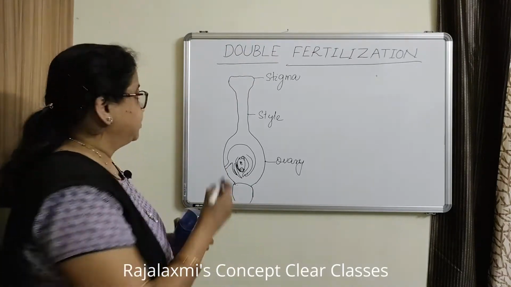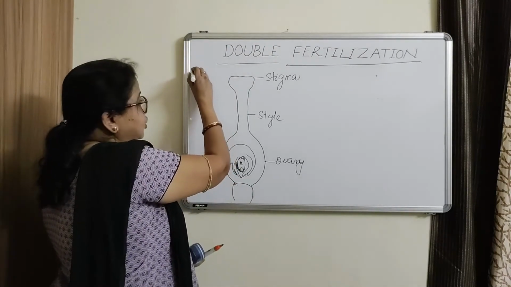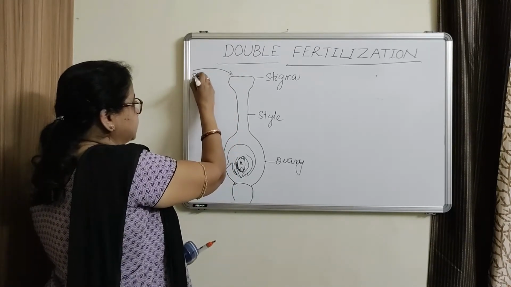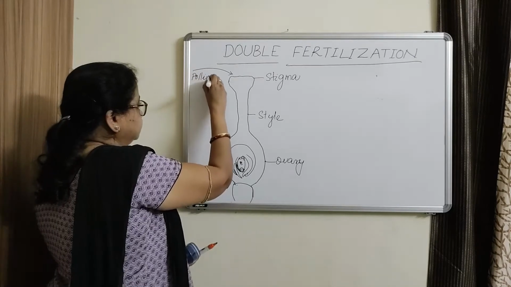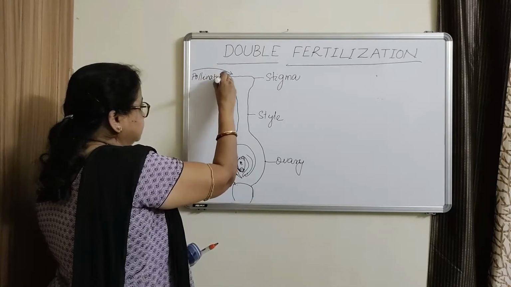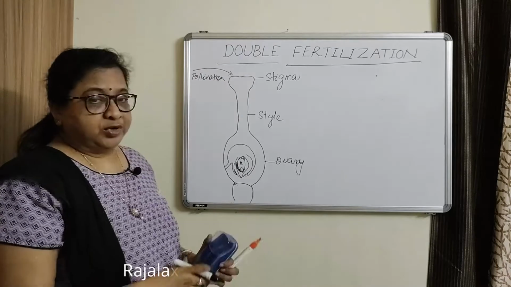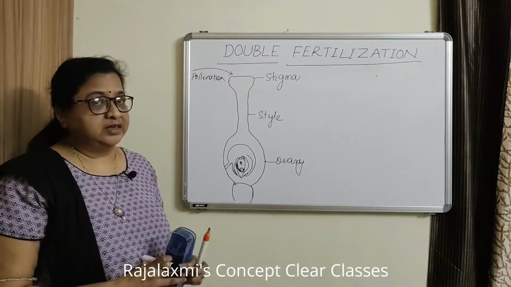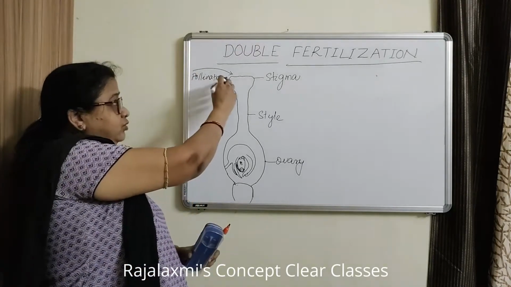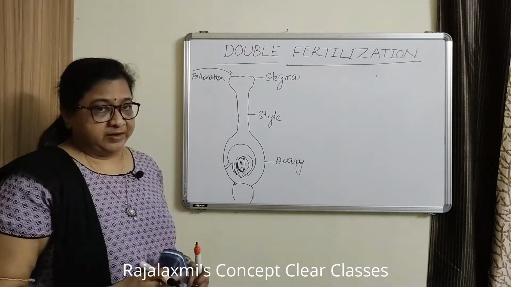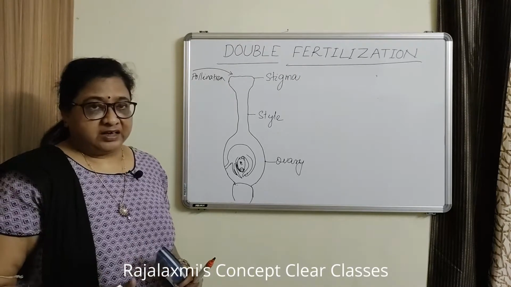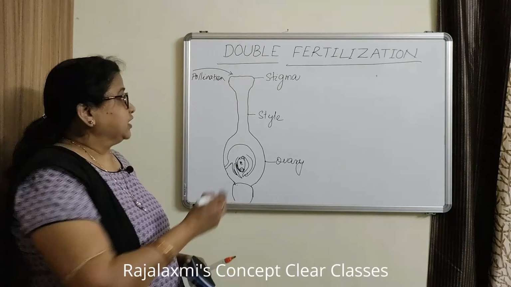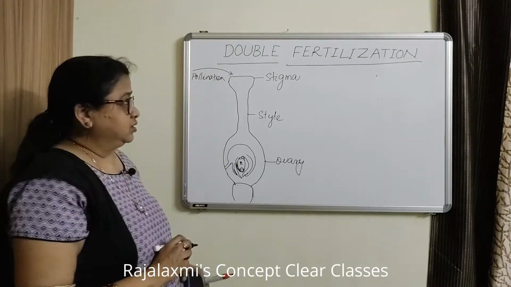The pollen grains from the anther come to the stigma by a process known as pollination. The pollen grains released from the anther are carried away to the stigma by either air or water or insects, etc. This process is known as pollination.